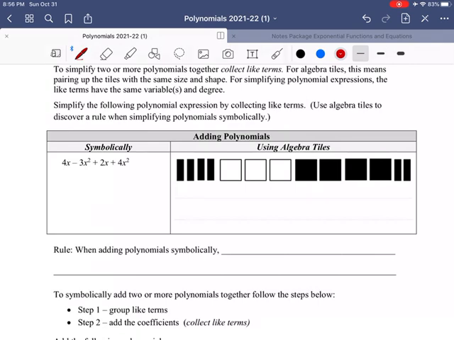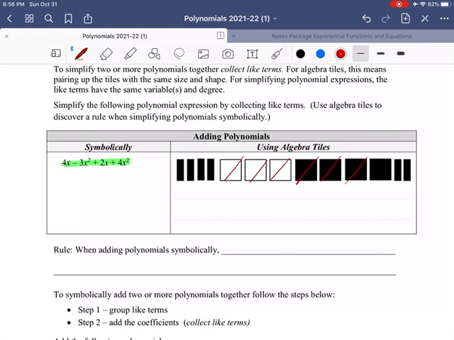All right. So symbolically, we have 4x minus 3x squared plus 2x plus 4x squared. So let's first slash and dash our like terms. So we've got 1, 2, 3 of those, and 1, 2, 3 of those. I think that's about it. That's all we can slash out.